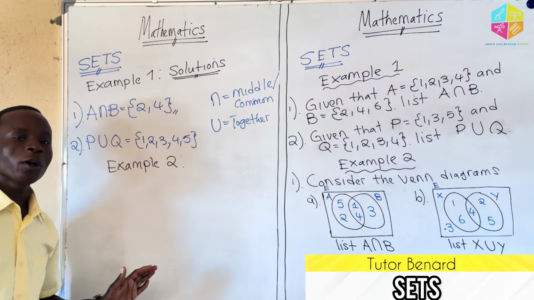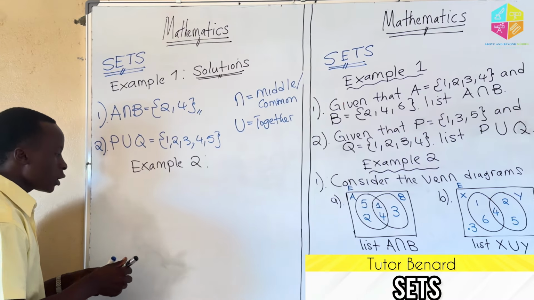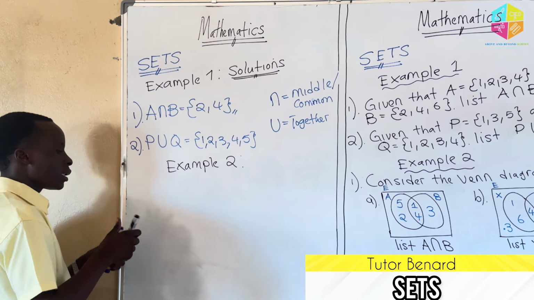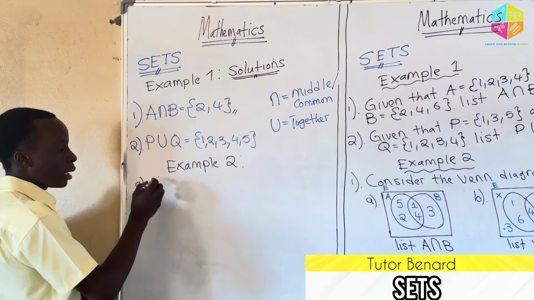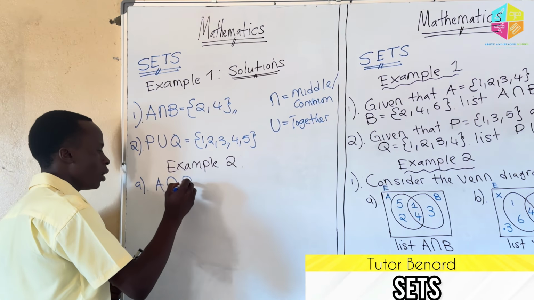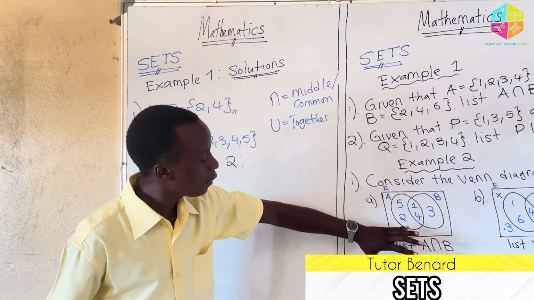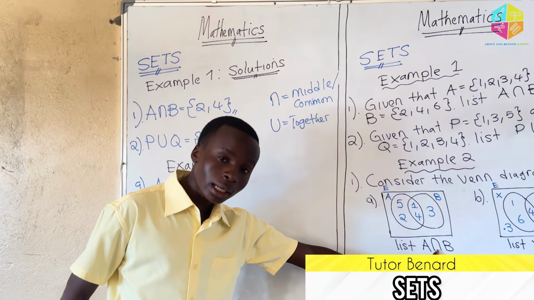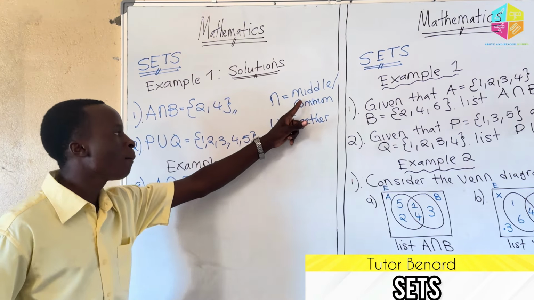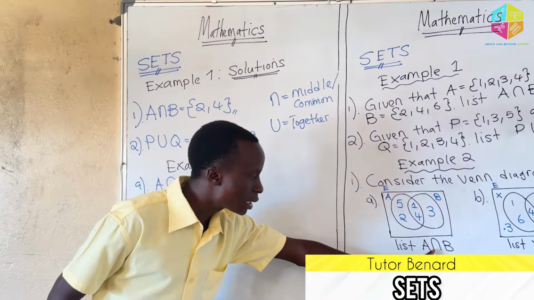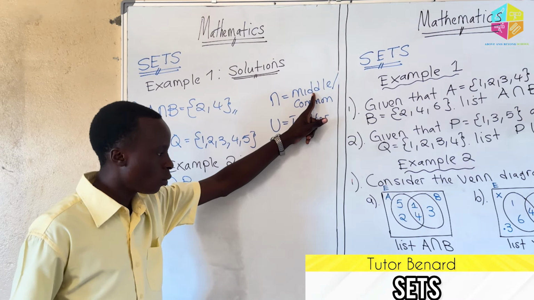So the principle is still the same. The first question, question 2a, says list A intersection B. In this case, whenever you have been given a Venn diagram, the word intersection means middle.